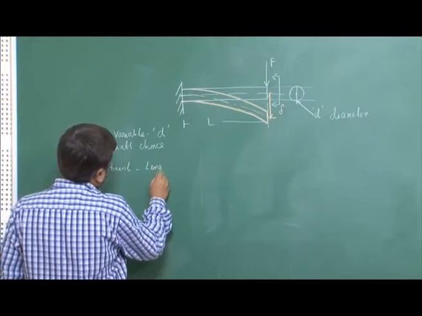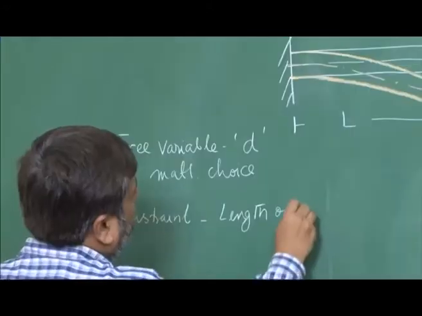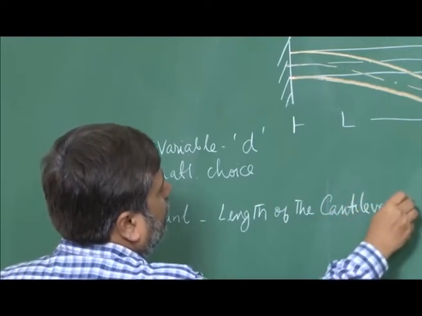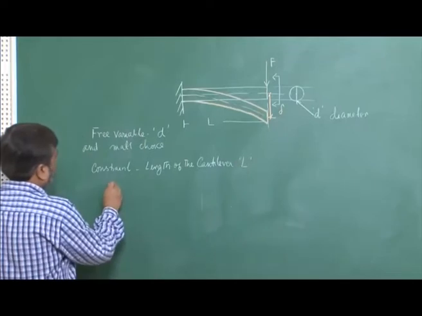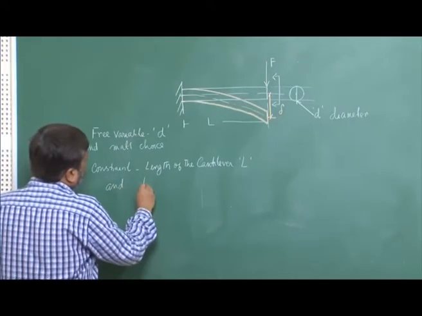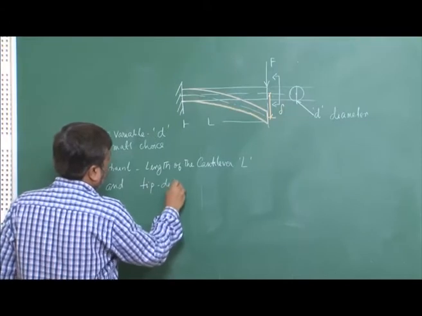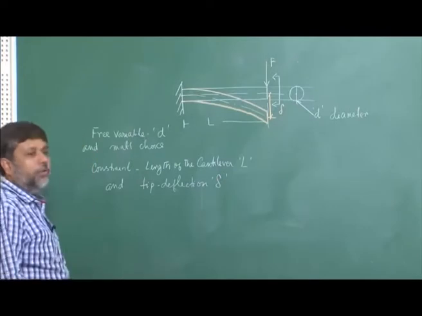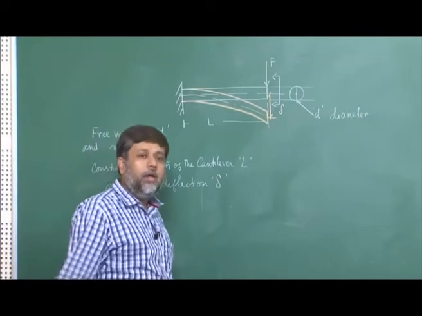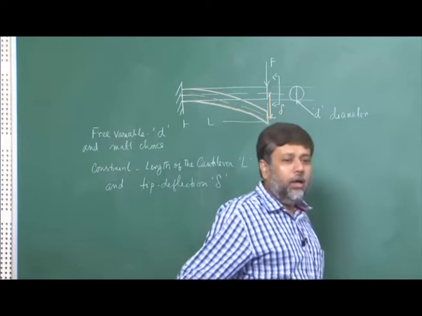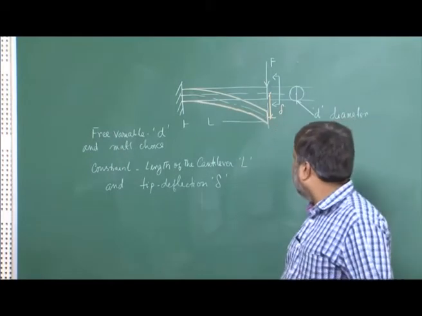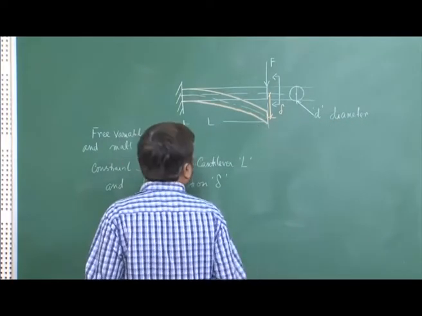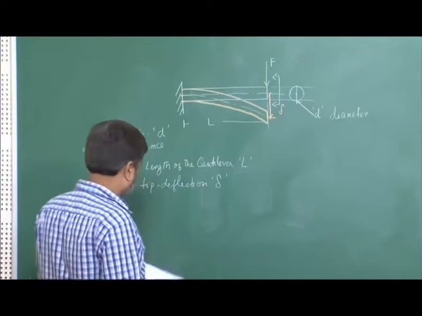The length of the cantilever, L, and the tip deflection, delta. We cannot play with these two. If the deflection is too high, then that cantilever beam will be unusable, and if the length changes, then also functionally it becomes unusable. Of course, the force F it has to carry.